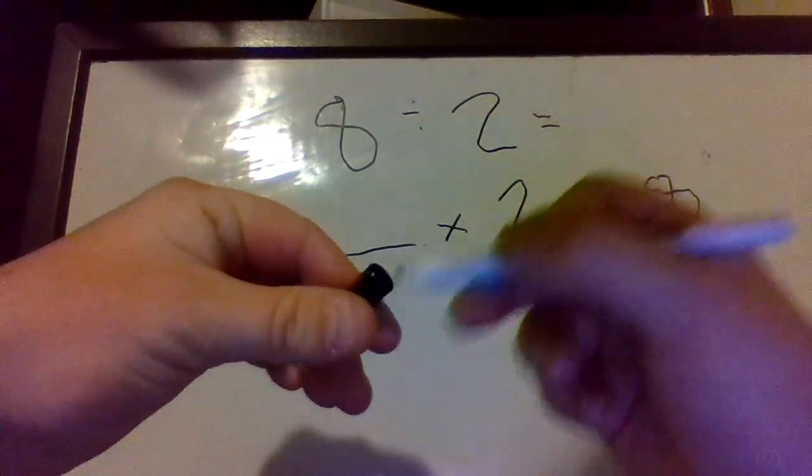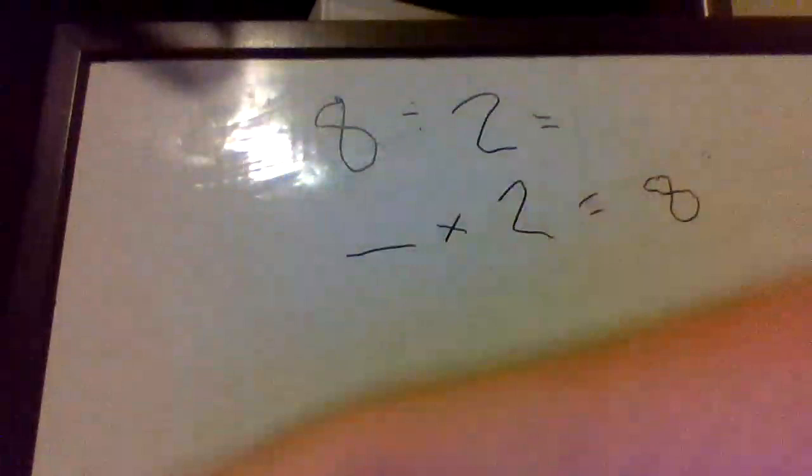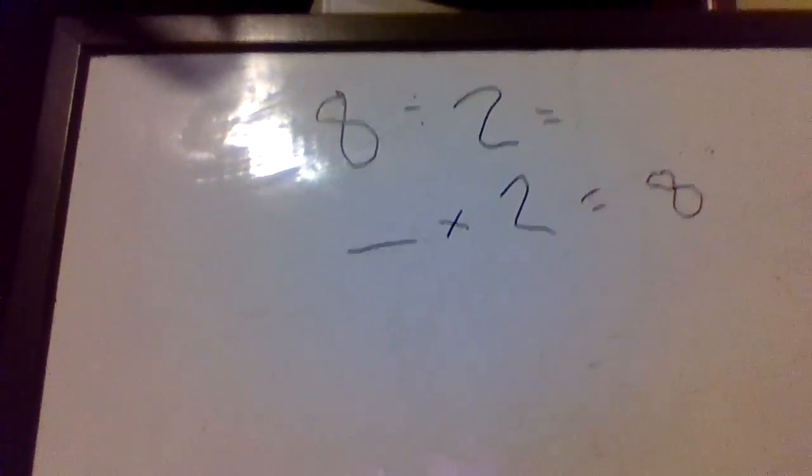Or you can model it using a kind of reverse array. When we talked about multiplication, we used an array to model the multiplication. So let's see if we can use an array to model the division.